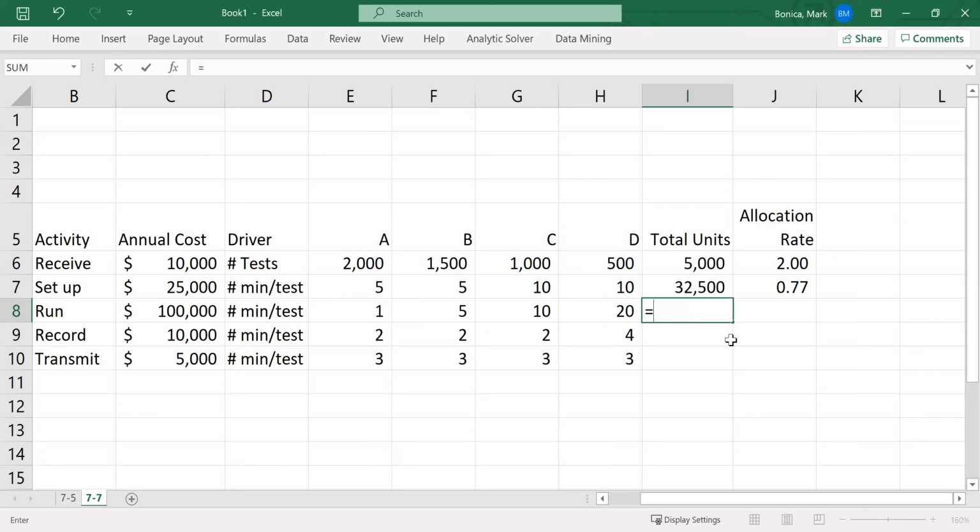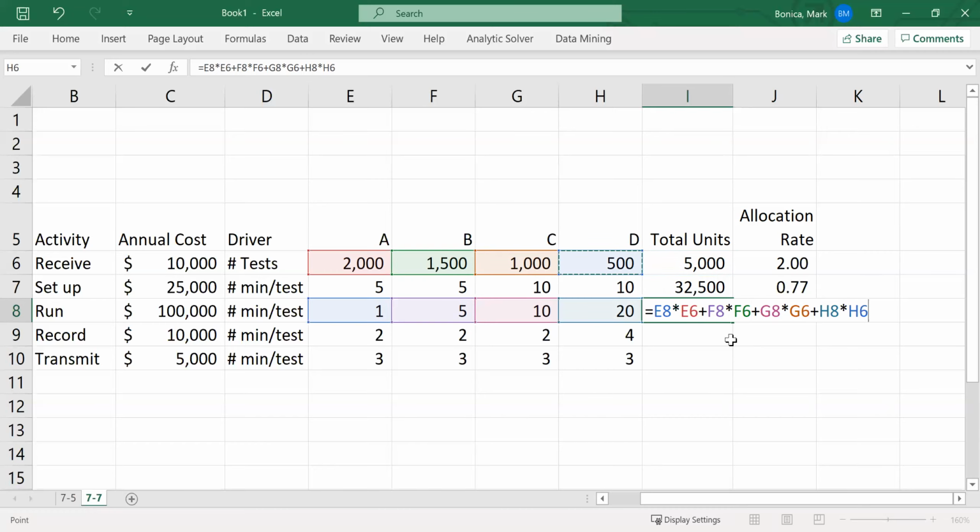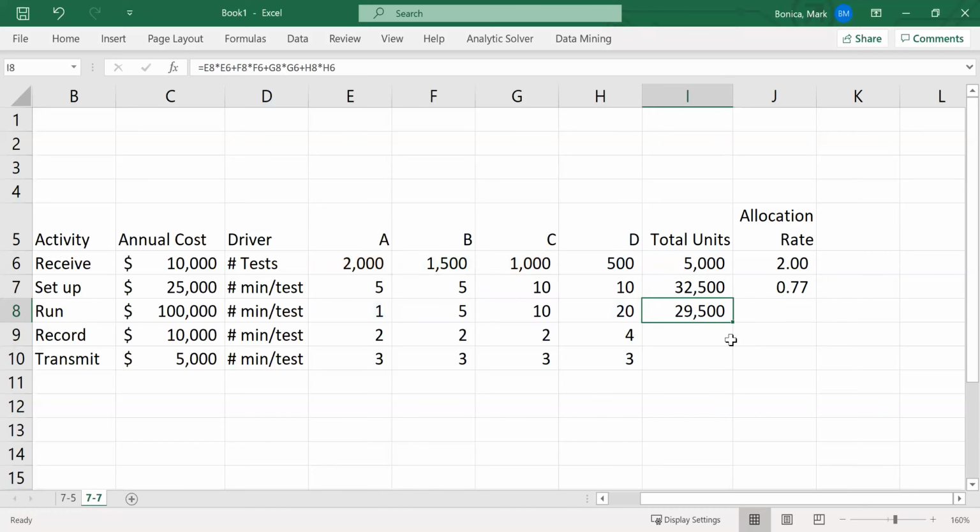That gives us 29,500 total minutes of run.